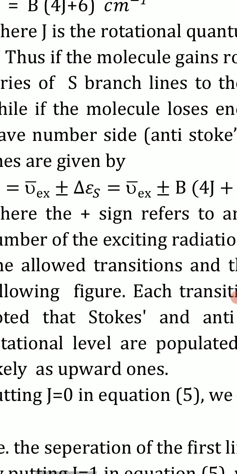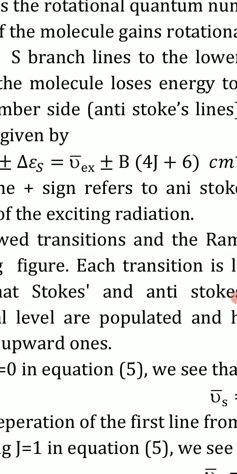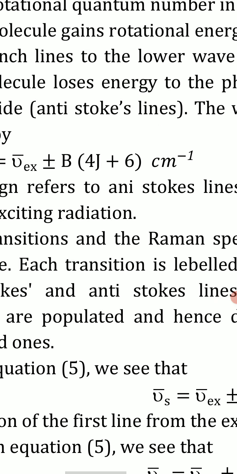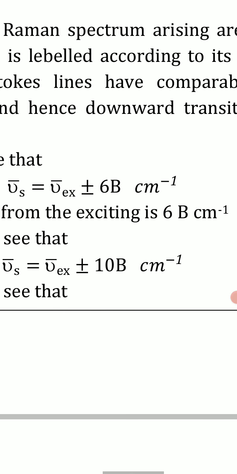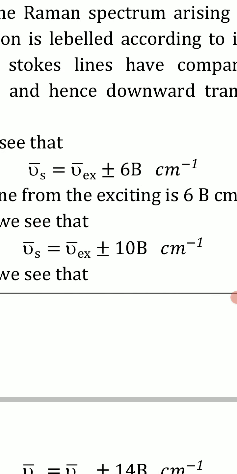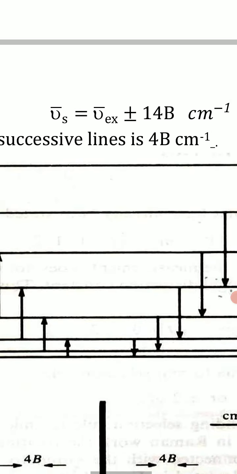So nu S bar is obtained as nu Ex bar plus minus 6b if we put J equal to 0. Nu S bar equal to nu Ex bar plus minus 6b. So we get these two lines.